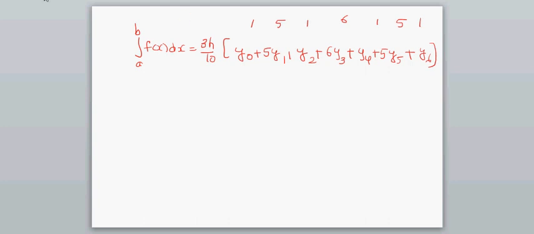Now substitute the values. What values do you know in this case? Substitute the values of y0 to y6 and simplify. You know the y0 to y6 values from the previous table.